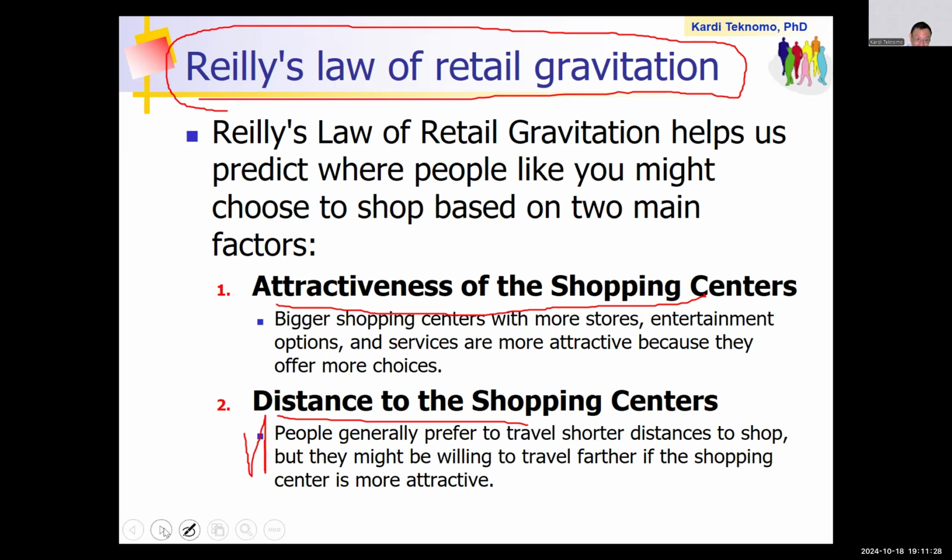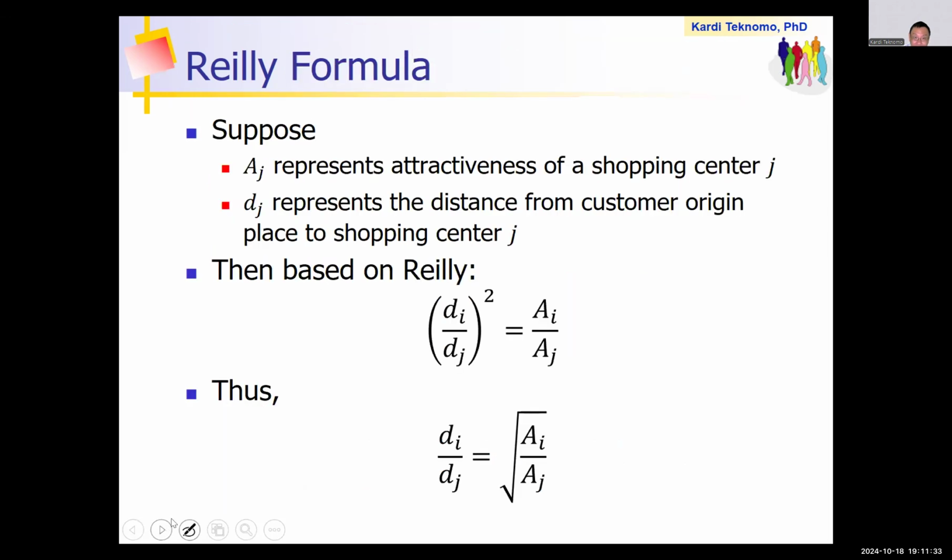So let's put all these assumptions into a formula. Let's say you have Aj, the attractiveness of shopping center J, and Dj is the distance from you as a customer to shopping center J. Really it's just based on two shopping centers, I and J, and his formula is something like this.